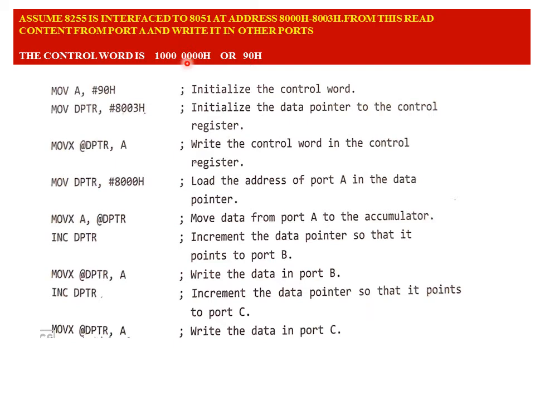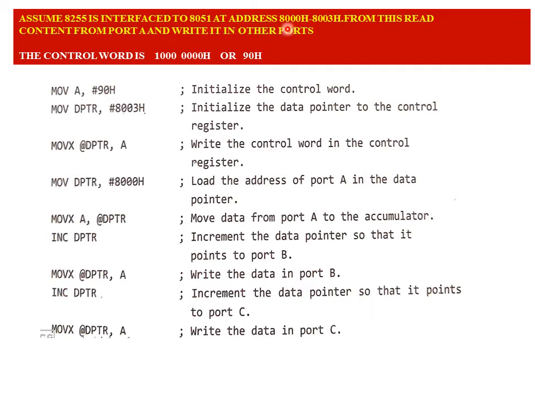Next, this 0 decides group B, or nothing but port B, considered in mode 0, and this 0 decides the port B direction, and last, this 0 decides the port C direction. 00 decides the output direction here.